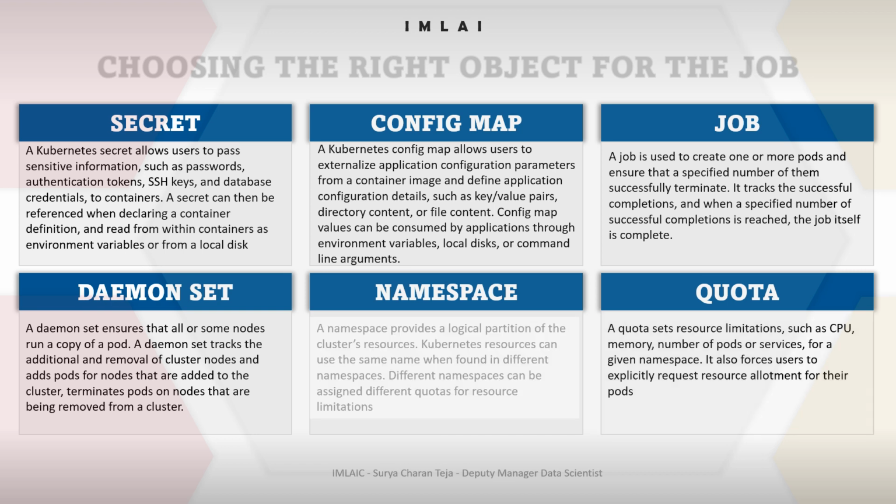Then we have a namespace. A namespace provides a logical partition of the cluster's resources. Kubernetes resources can use the same name when found in different namespaces. Different namespaces can be assigned different quotas for resource limitations.